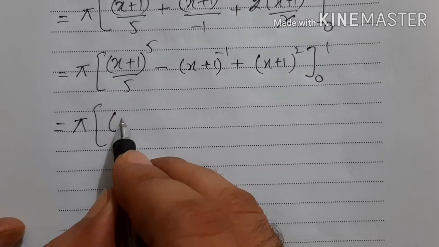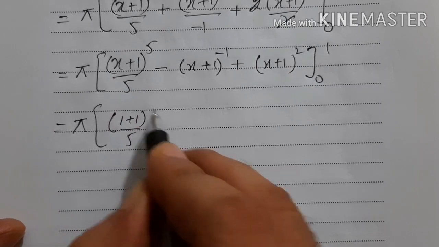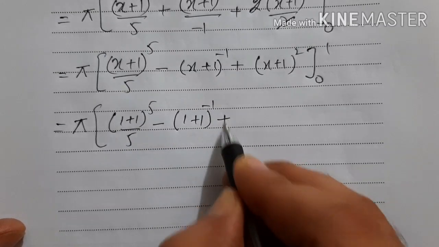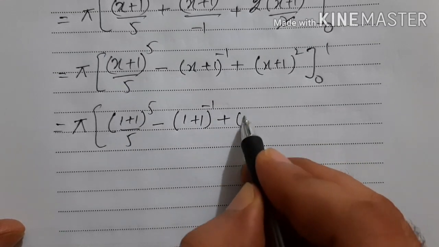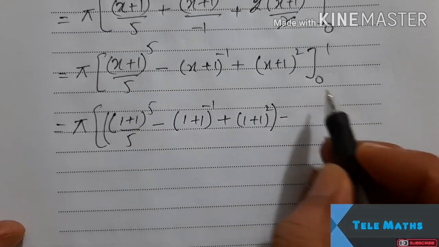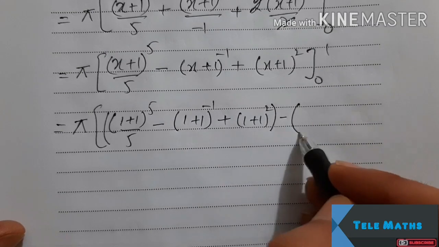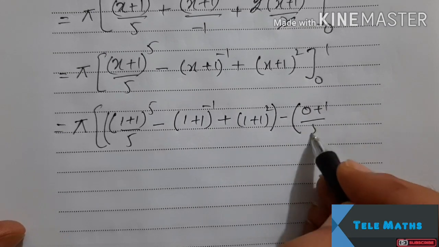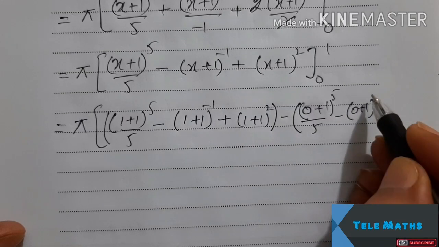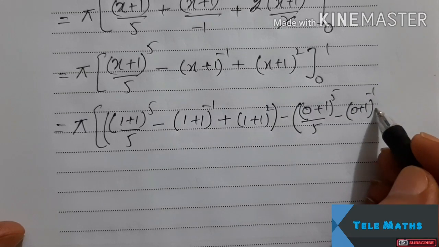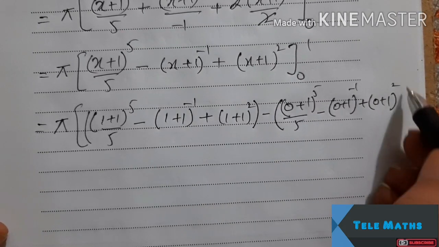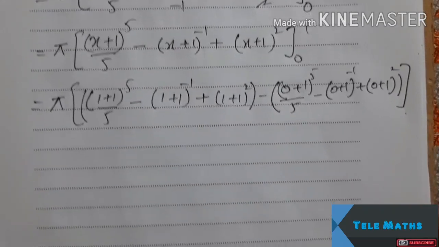It will be (1 plus 1) to power 5 over 5 minus (1 plus 1) raised to power minus 1 plus (1 plus 1) raised to power 2, minus this one: (0 plus 1) to power 5 over 5 minus (0 plus 1) to the power minus 1 plus (0 plus 1) power 2. So these are the limits.